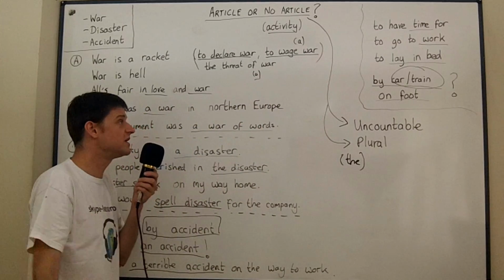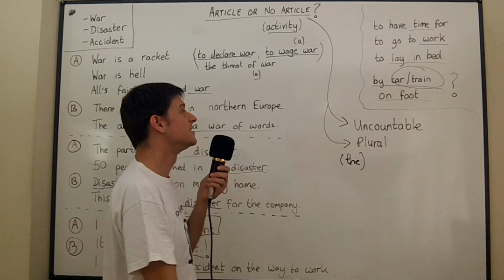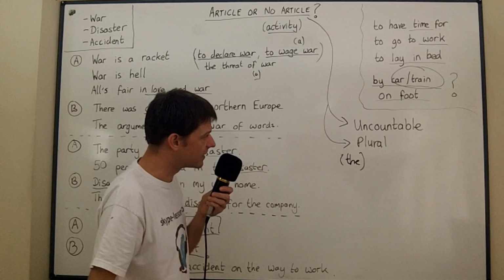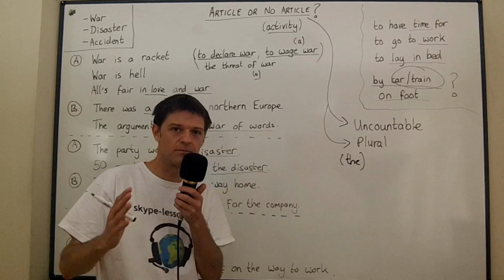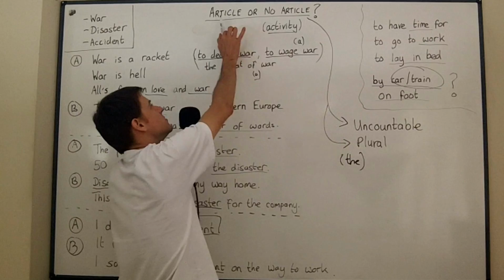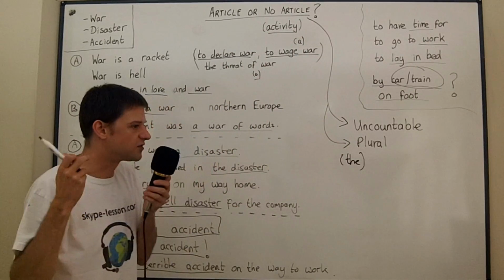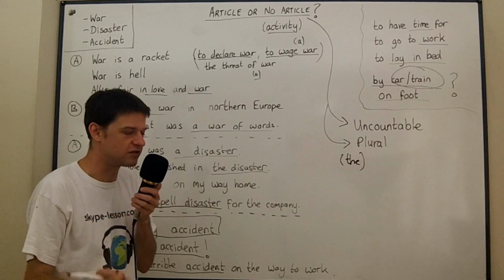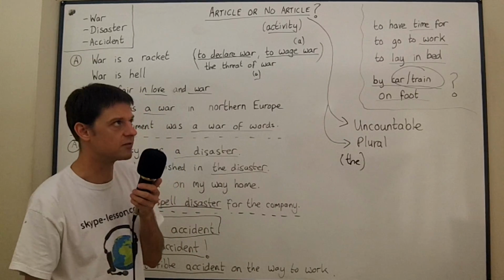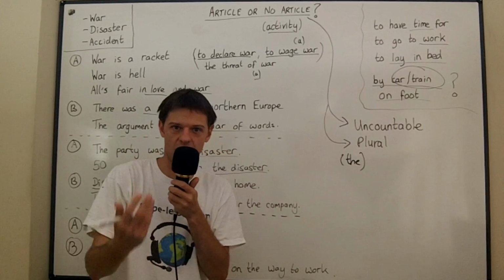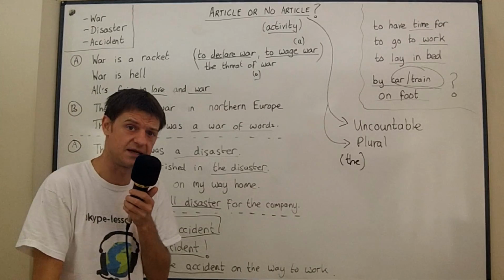You never say on feet, you never say on a foot, so it's also being used uncountably. So this is what makes articles so difficult when you're choosing article or no article. It's understanding if that noun is used countably or uncountably in that particular expression or phrase or sentence or meaning.